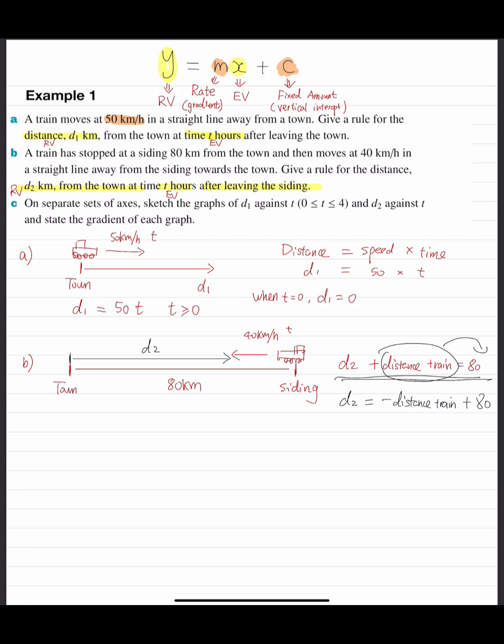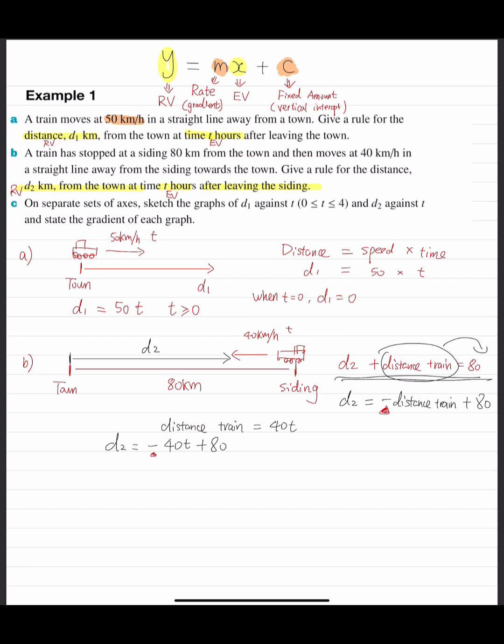How can we find the distance of the train? The distance of the train is equal to 40t. Therefore, d2 is equal to negative 40t plus 80. Don't forget we have a negative originally, so you should have a negative there.